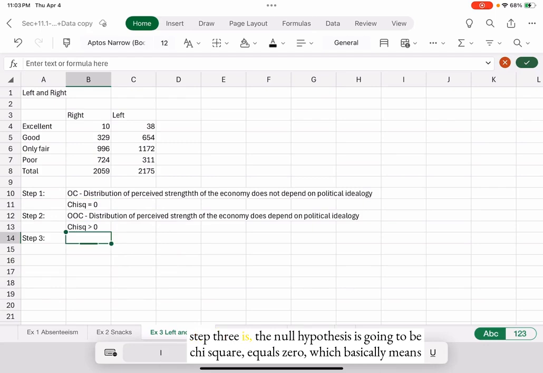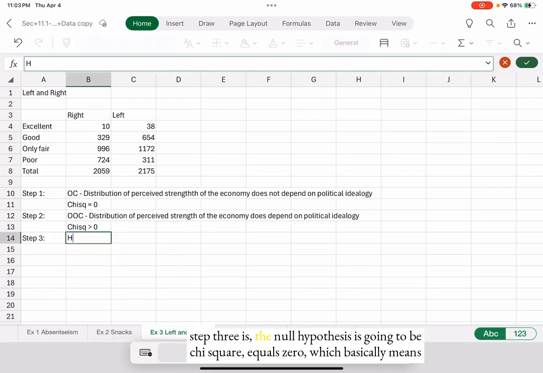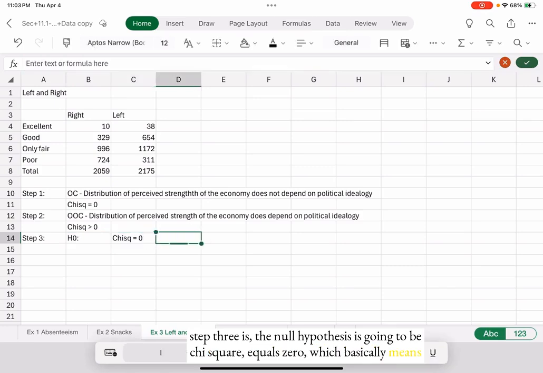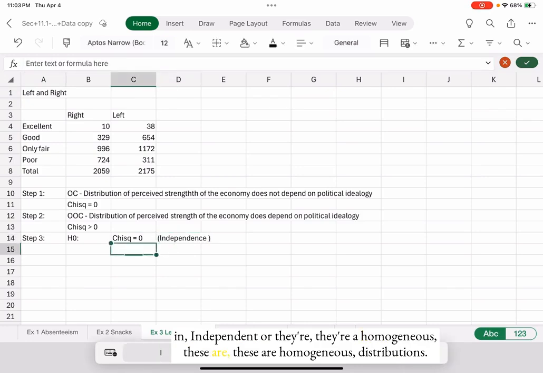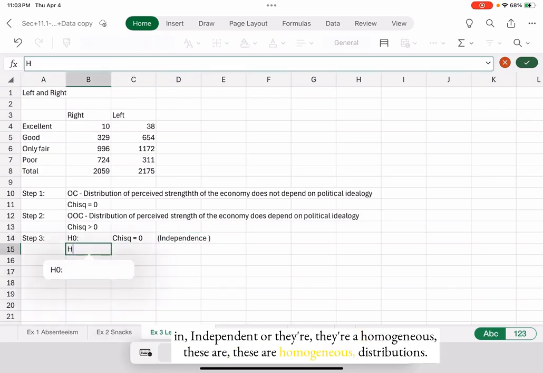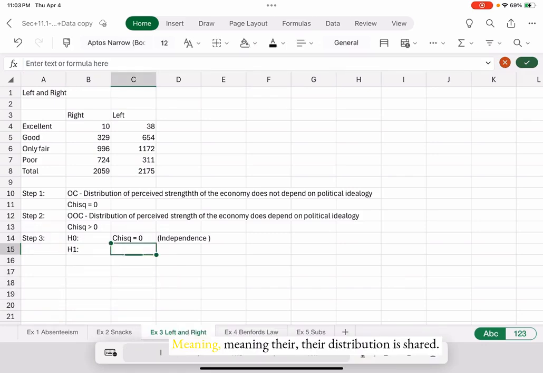Step 3 is the null hypothesis, chi-square equals 0, which basically means independent, or they're homogeneous. These are homogeneous distributions, meaning their distribution is shared.